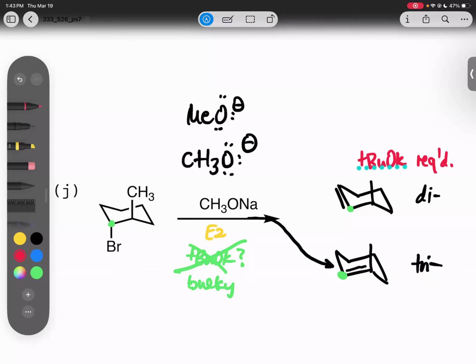So what is the mechanism? Well, we have to remove the bromine and we have to remove the hydrogen that was on this carbon that's got the methyl group going straight up. So we need that hydrogen explicitly drawn. You can draw it from any part of this that you like. So grab the hydrogen.